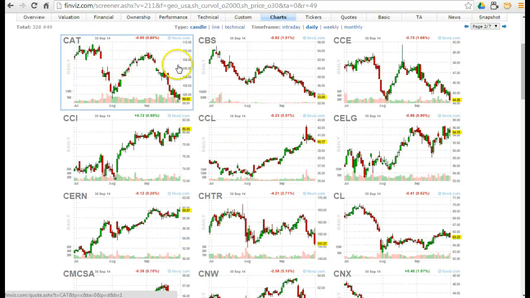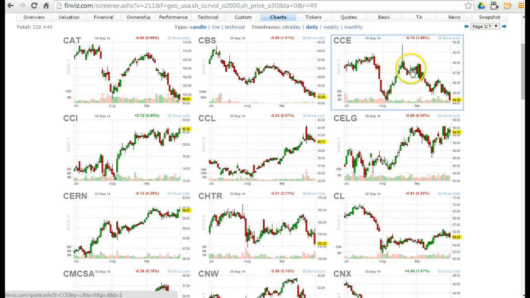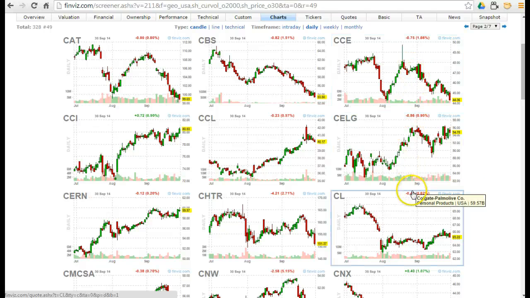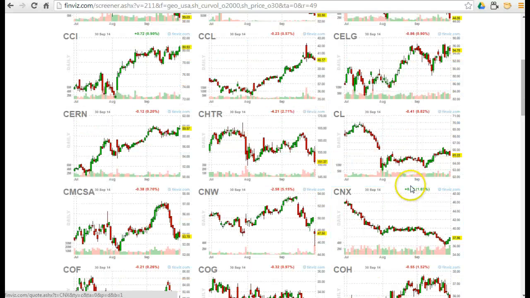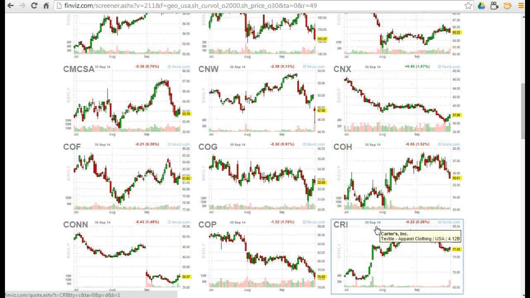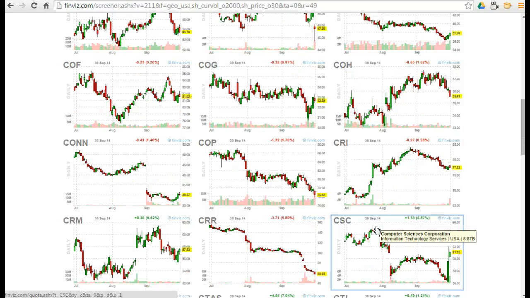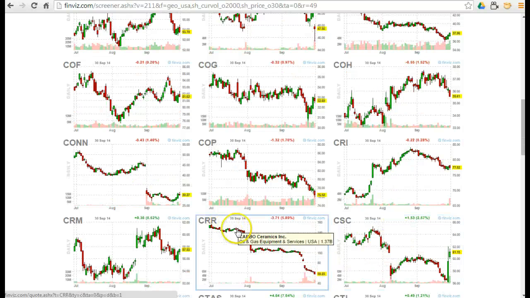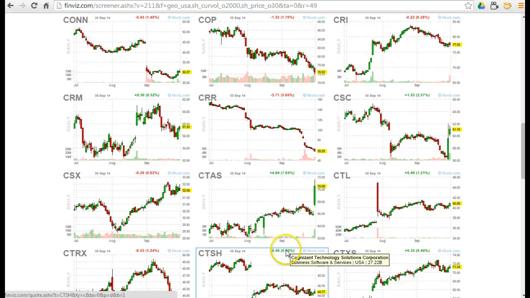So we just keep going through looking at all the different patterns. We're looking for some volatility. And you can see a lot of these stocks have very small volatility, so we want to stay away from those. Like, look at this one. See how small it is in volatility?